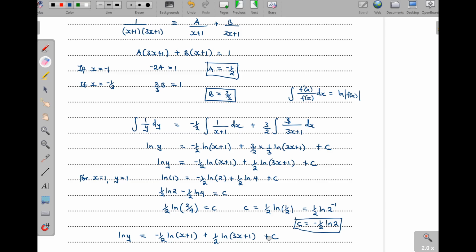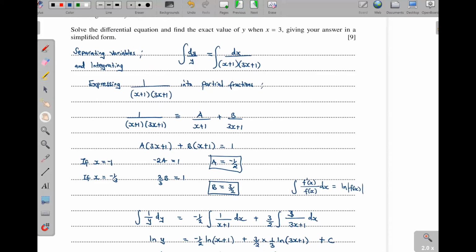A minus a half. So I'll put minus a half, then the natural log of 2. But then they said that we find the exact value of y when x is equal to 3.